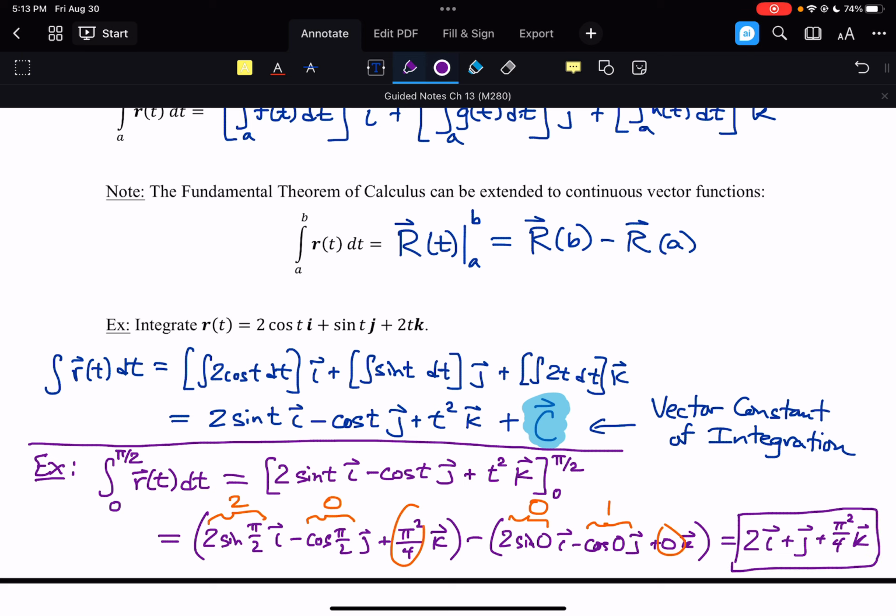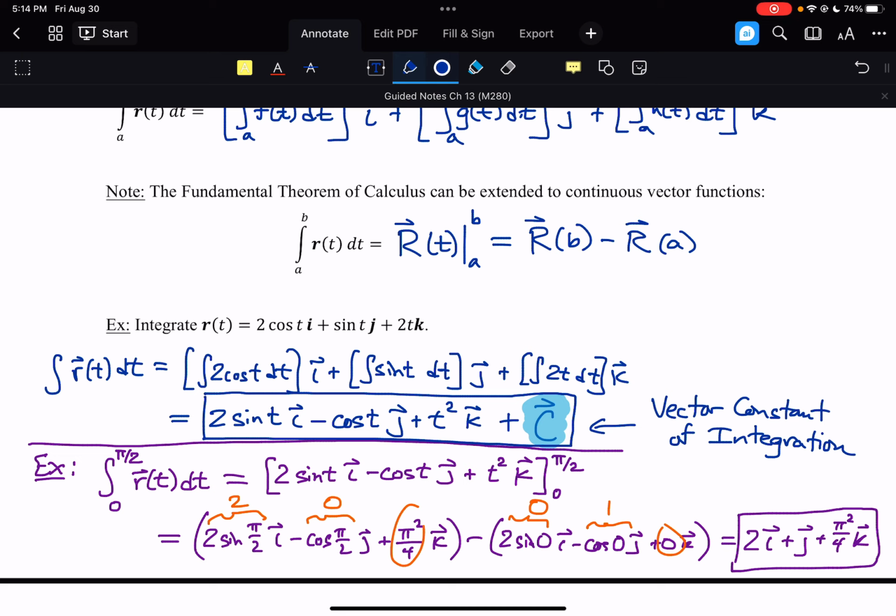So that would be the solution to the definite integral that corresponds to this indefinite integral. So we can solve both. And again, the main point of this section, the punchline here, is that derivatives and integrals and limits all behave very similarly when it comes to calculating vector functions, as opposed to the scalar functions we've seen for our entire calculus experience.